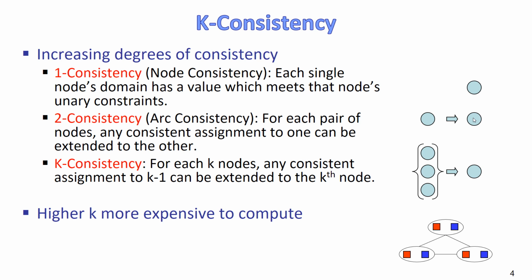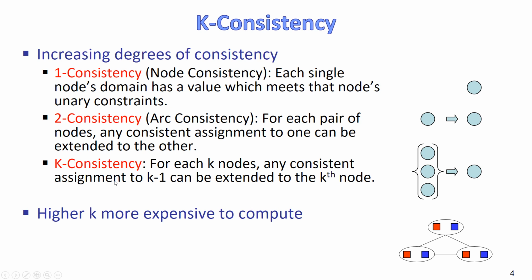Now, if we extend that concept to a higher number of nodes, we call this K consistency. So in K consistency, if a graph is K consistent, then for each K nodes in the graph, any consistent assignment to K minus 1 nodes of them can be extended to the Kth node.